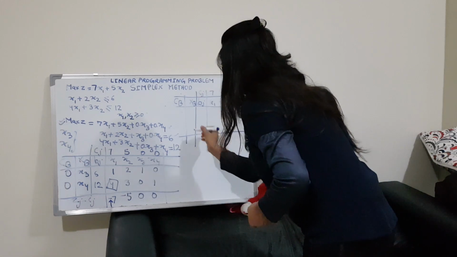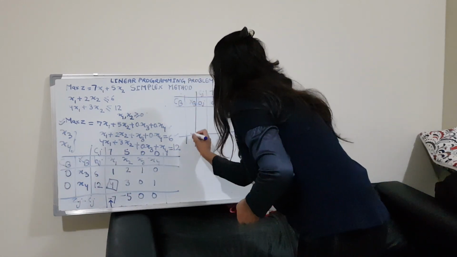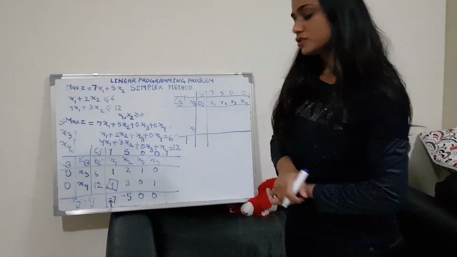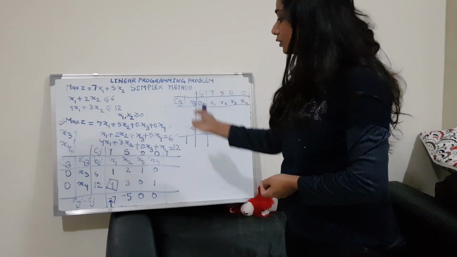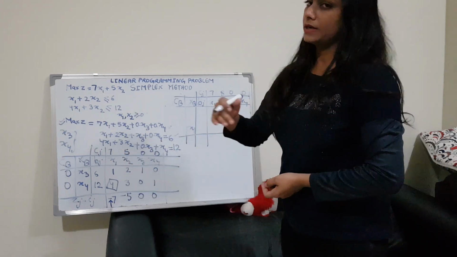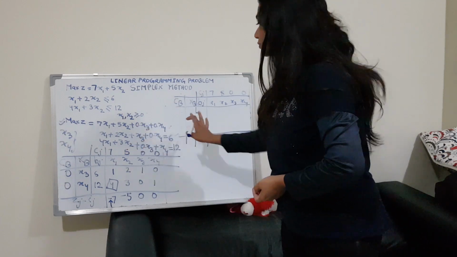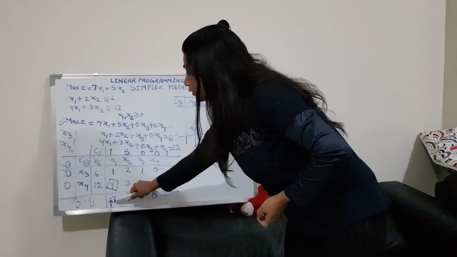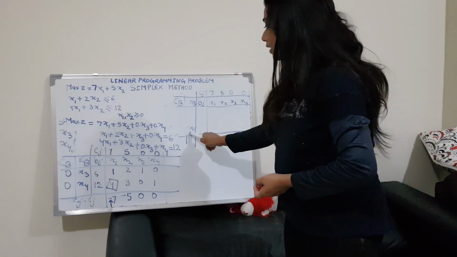So here we will delete x4 and write x1 in place of x4, because we are getting our entering vector from the first column. Suppose we got the entering vector from the third column, then in place of x4 we would write x3, or if from the second column, then in place of x4 we would write x2. But here we are getting the entering vector from the first column, so in place of x4 we will write x1.